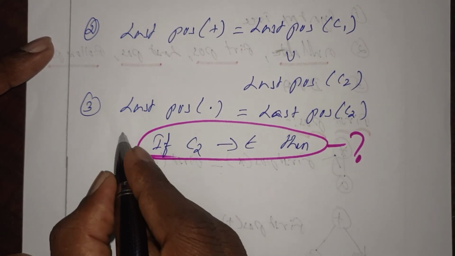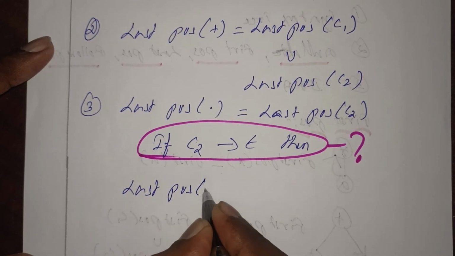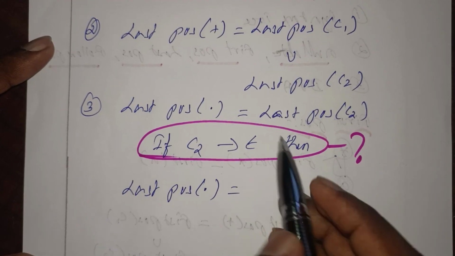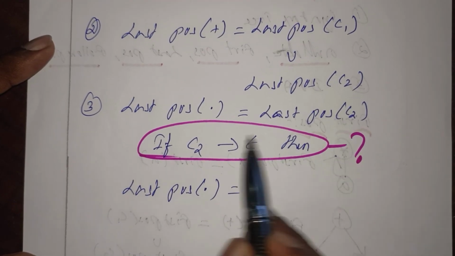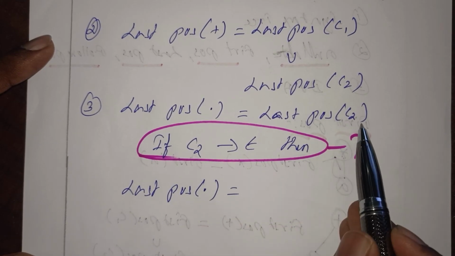So I'll rewrite the same position. Last position of dot, when C2 is null, that means when we are finding the last position, the procedure here is last position of dot is equal to last position of C2.